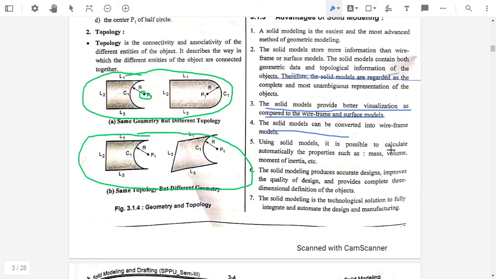Using a solid model, it is possible to calculate automatically properties such as mass, volume and inertia. By using a solid model, we can easily calculate the mass of the object, the volume of the object and the moment of inertia of the object. How can we calculate the mass? We know the formula of the mass, that is density times volume.